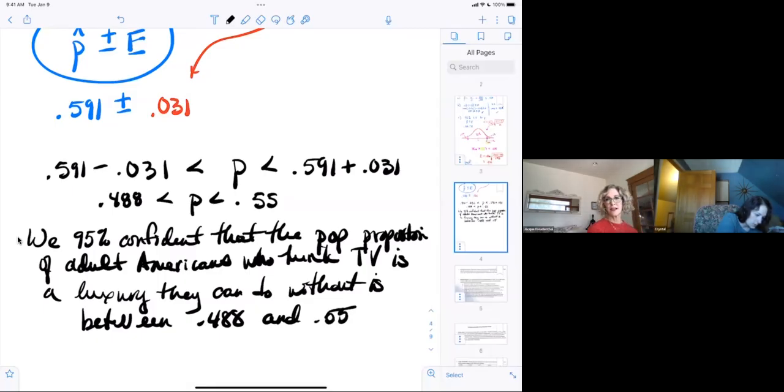That's interpreting your confidence interval. So you're 95% confident that the population proportion of adult Americans who think TV is a luxury they can do without is between 0.488 and 0.55.